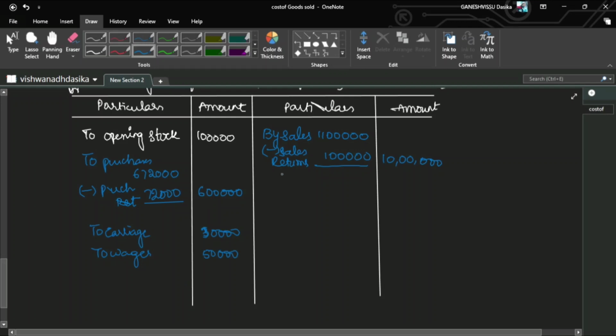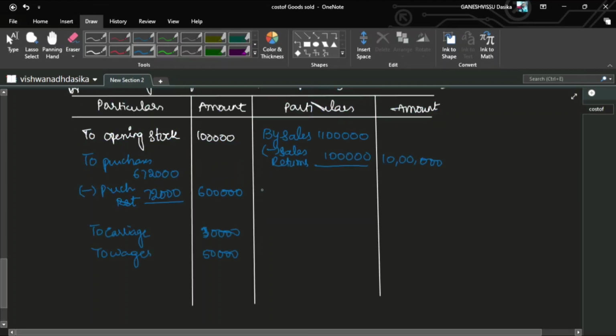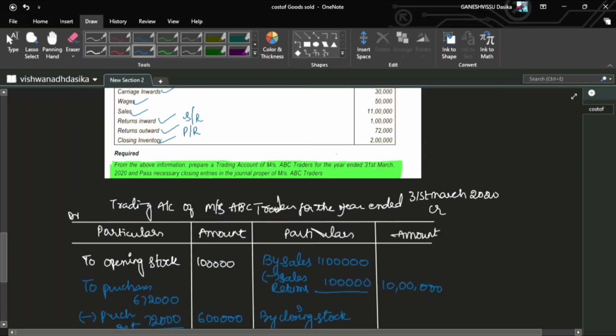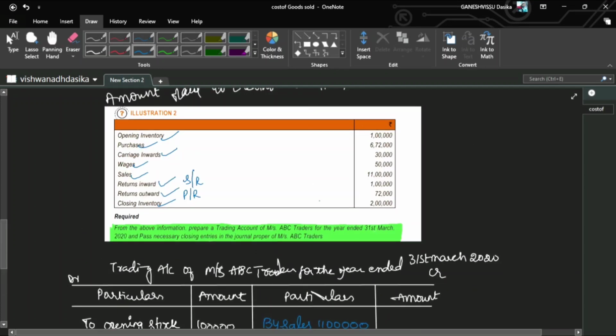And here by closing stock. Okay, by closing stock we are going to write it here 2 lakhs. Completed 1 lakh completed, 11 lakhs completed, 50,000, 30,000, 6 lakhs 72 and 1 lakh all are written.